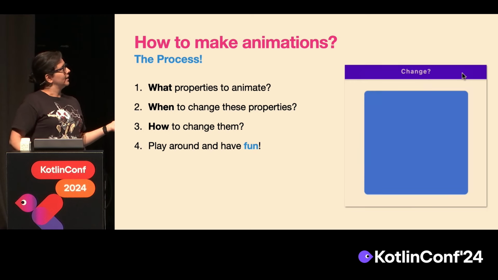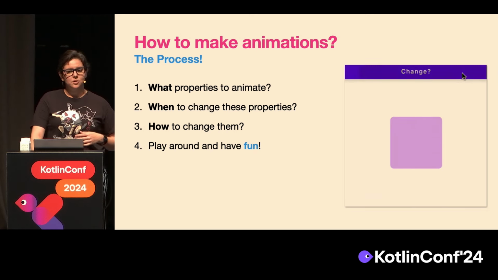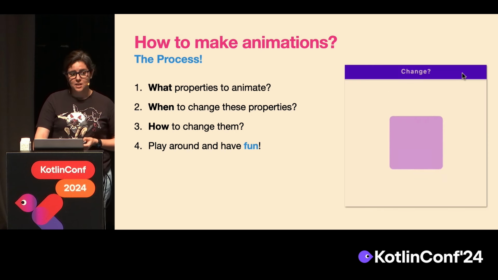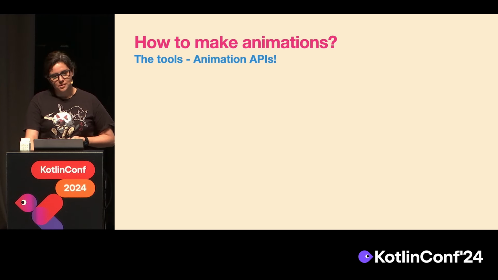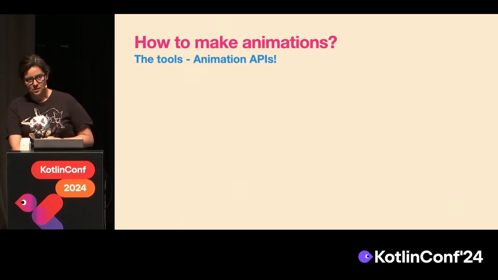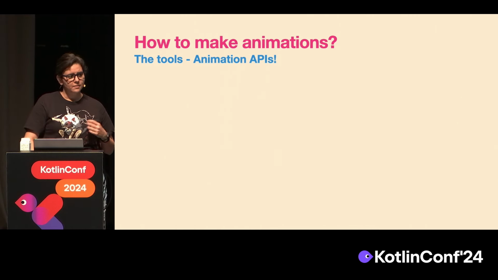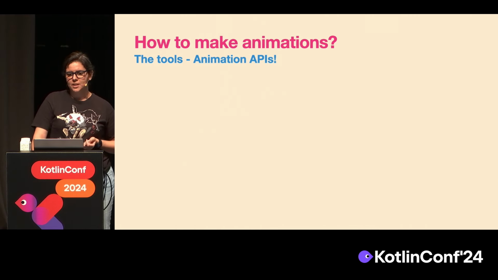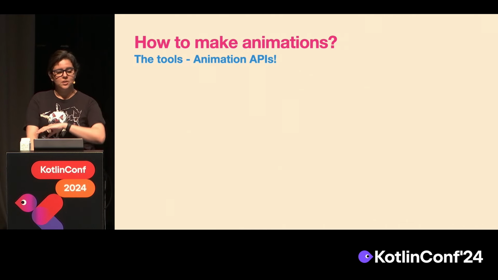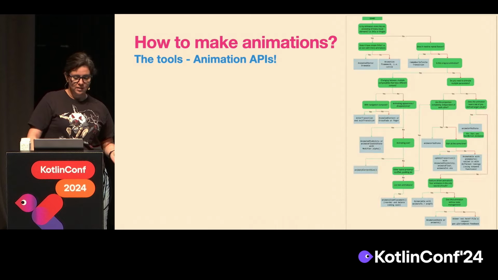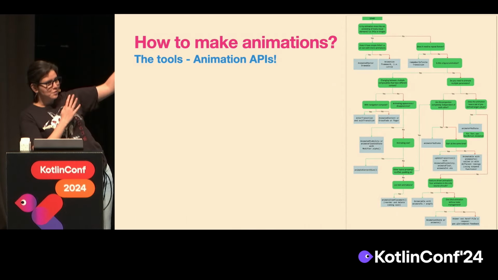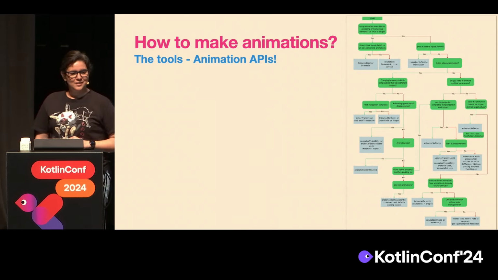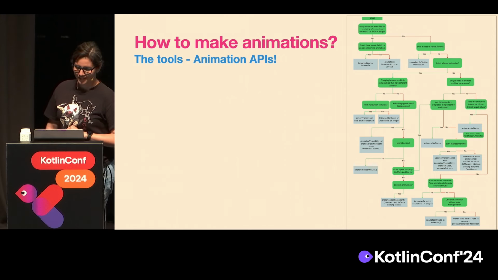So this is all well and everything, but what are we actually going to be using in order to make these animations? The answer, of course, is some animation APIs. If you haven't already, I highly recommend that you take a look at the Jetpack Compose animations documentation, where you're going to find all the animation APIs explained, and also our trusty flowchart for picking which animation API to use.